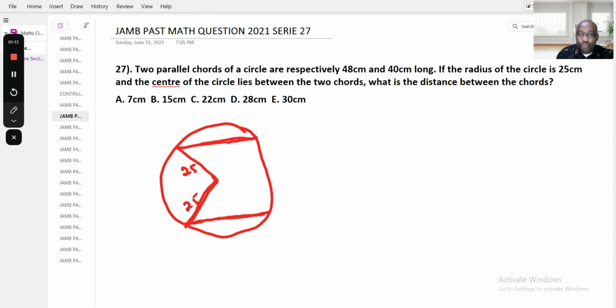Now we want to form from the chords. You were told that one chord is 48, the other one is 40 centimeters, isn't it? Let me say this place is 48 and this place is 40 centimeters. Now the question is asking us, what is the distance between the chords?